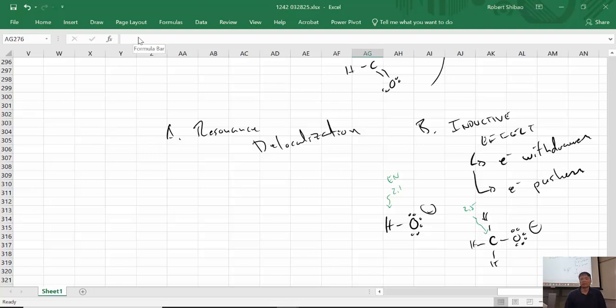I haven't looked at Petrucci in a while. I'll go with 2.5 because delta EN for hydrogen and carbon is only 0.4. If you have a delta EN of 0.4, it makes the bond a nonpolar covalent bond. The cutoff is 0.4 roughly.